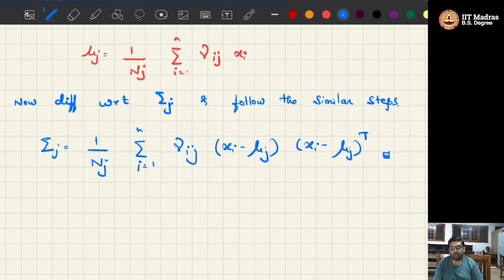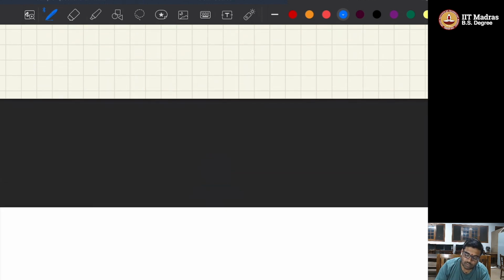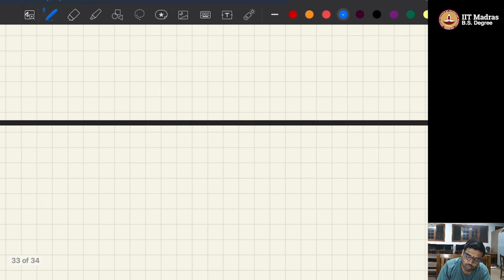This completes our derivation. Now how do your EM steps look like? I'm directly quoting this from page 439 of Bishop. Now how do you code this?